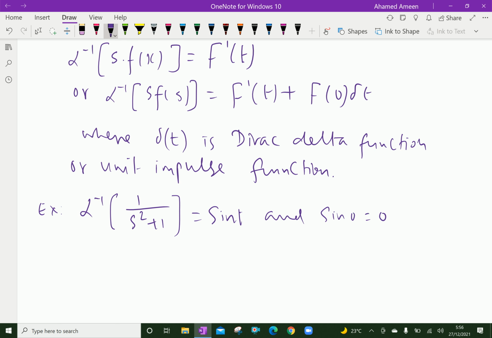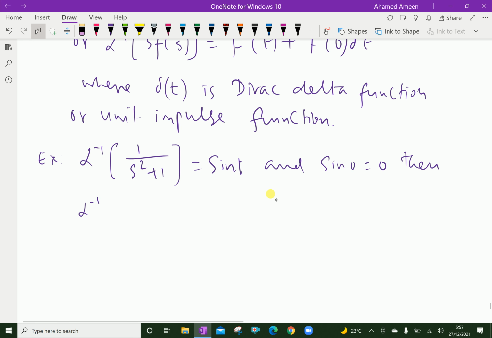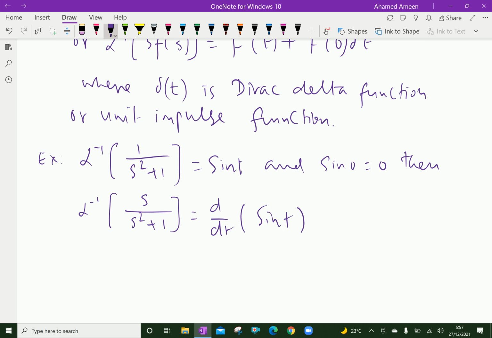Then we can say inverse Laplace transform of s over s square plus 1 equals d by dt of sine t, which equals cos t.